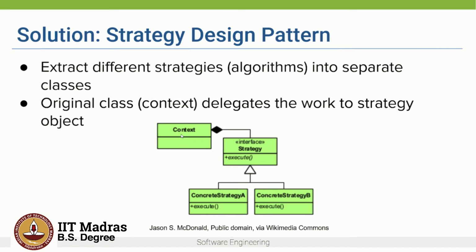So the original class delegates the work of implementing the strategy or the algorithm to the strategy interface. Now let's look at how we can implement this design pattern in our code.